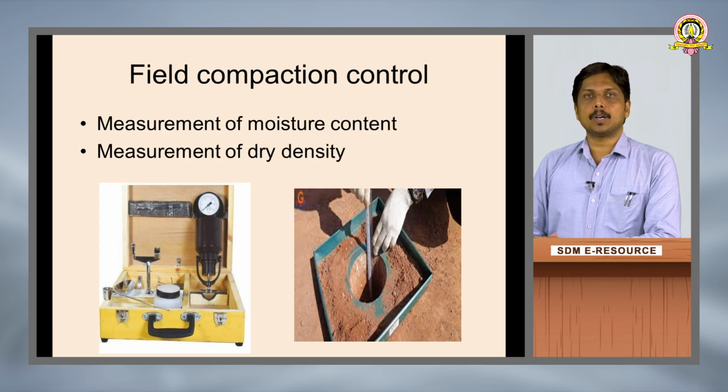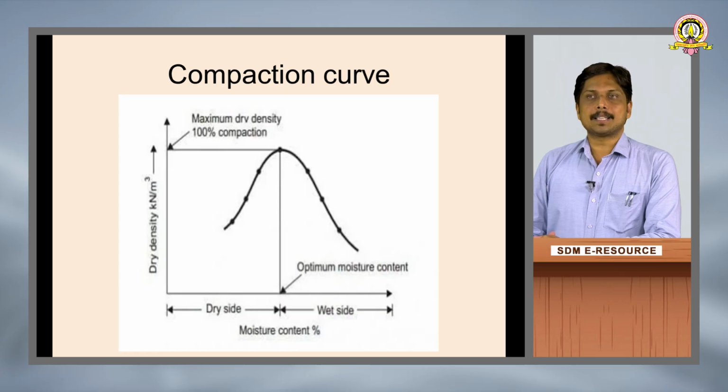In field, what we have to do is measure the moisture content and measure the dry density. And in this picture, you can observe the density will be maximum only at the optimum moisture content. If the moisture content changes, the density will be other than the maximum dry density.